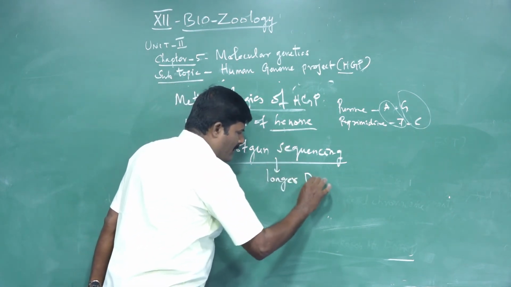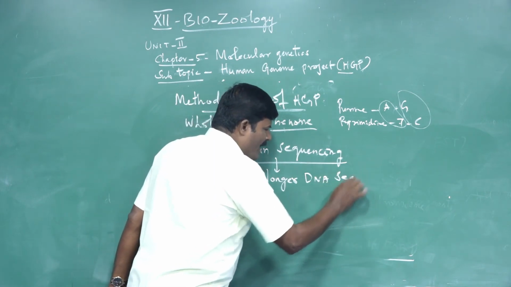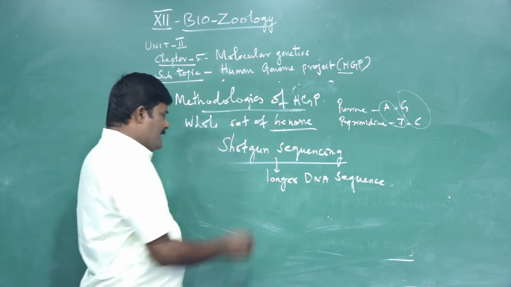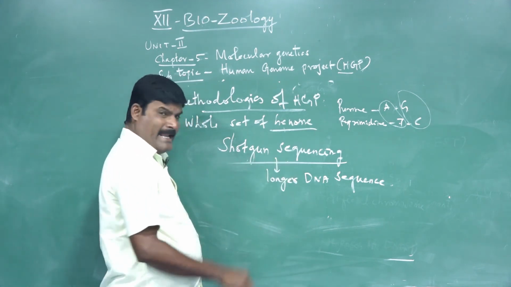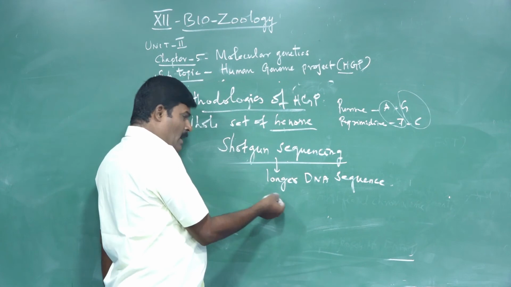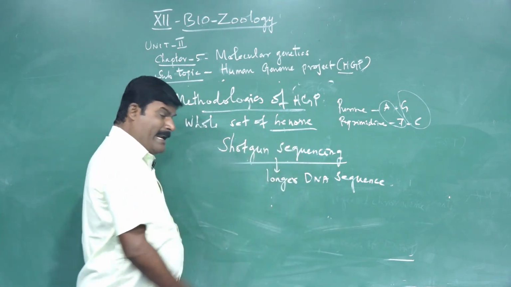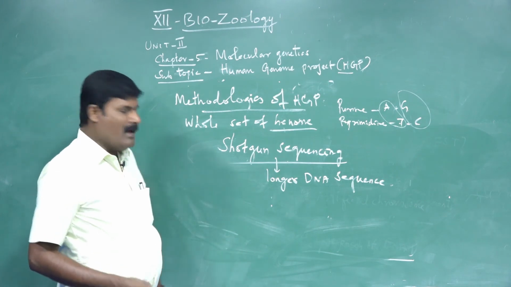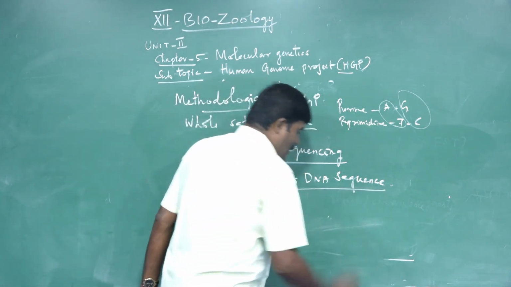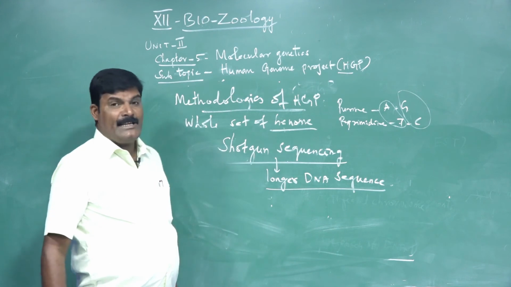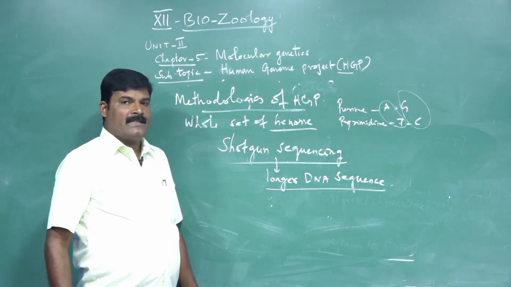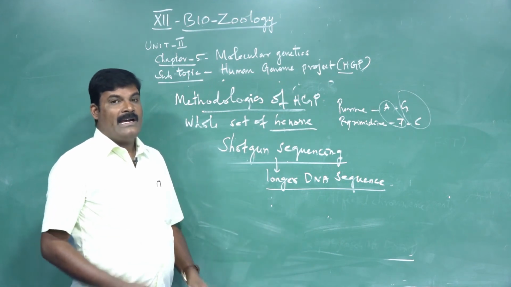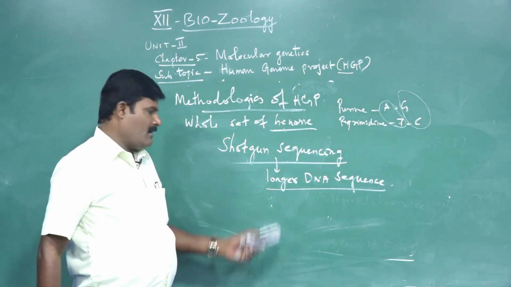This is a new method. This shotgun method is the latest technique to identify the entire DNA sequence. It is not fragments, but entire DNA sequences. Shotgun sequencing of DNA has replaced the traditional analysis of the genome of an organism.